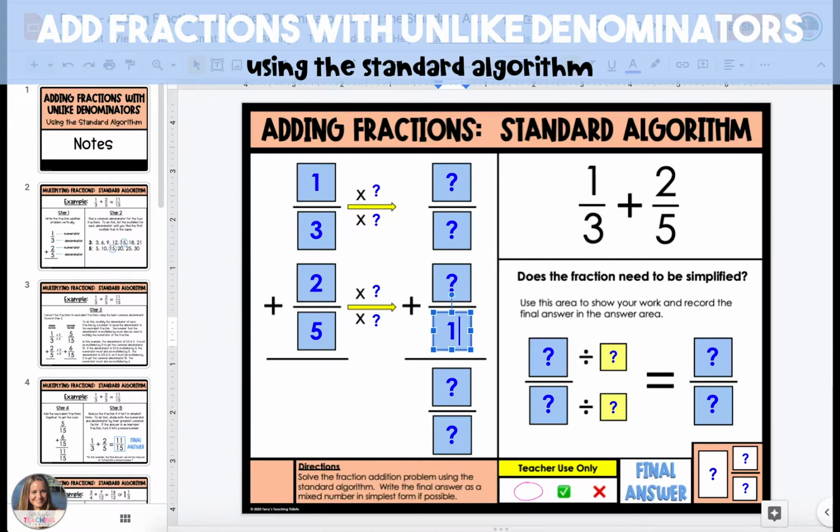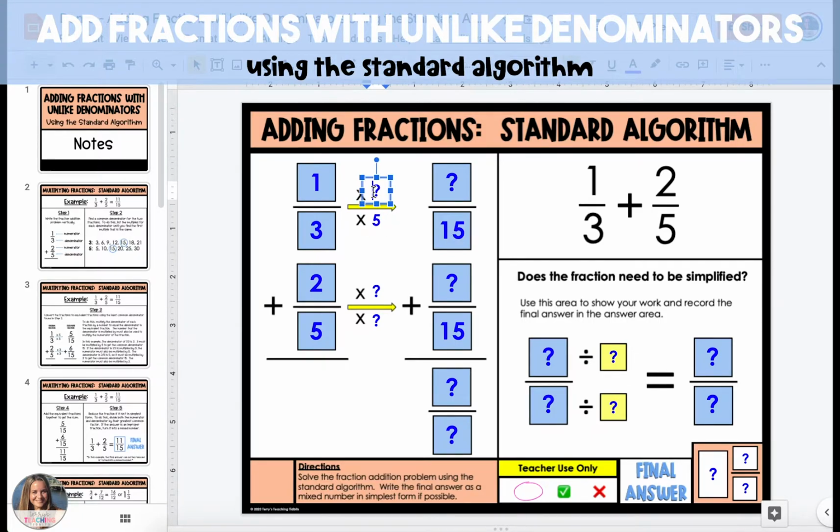Now we will write our equivalent fractions with a denominator of 15. To make the fractions equivalent, we find out what we're going to multiply the denominator in the original fraction by in order to get the denominator in our equivalent fraction. In 1/3, 3 has to be multiplied by 5 to get the common denominator of 15.